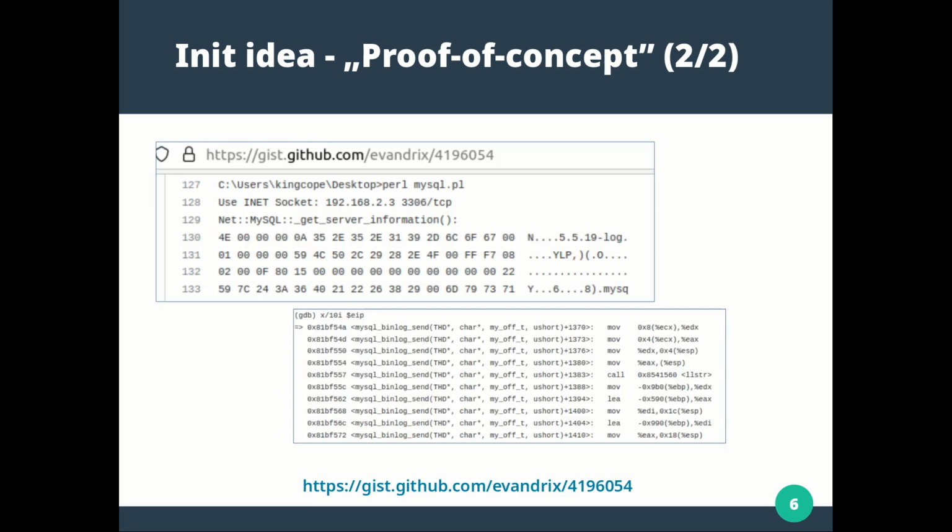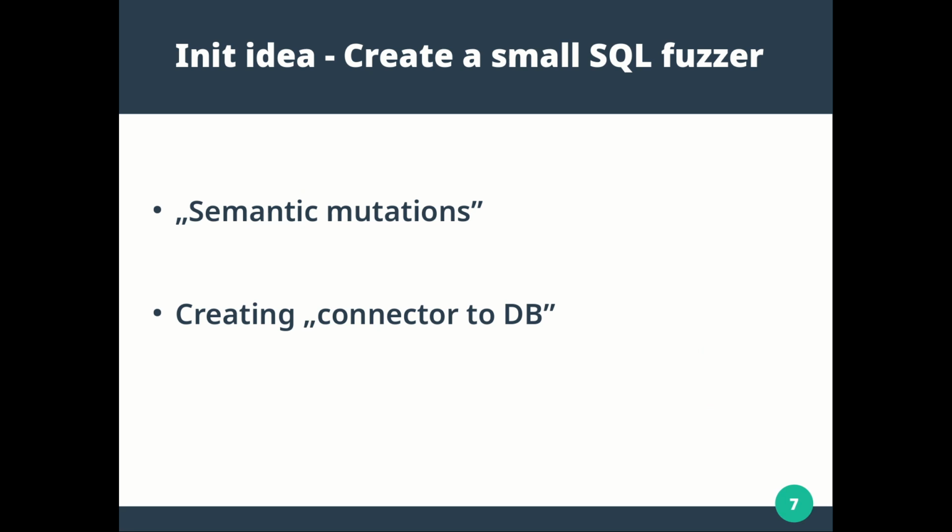As you can see, we are talking about a proof of concept for one of the old MySQL databases. So my goal was to create some code, let's say a semantic mutation, and create a connector to the DB.